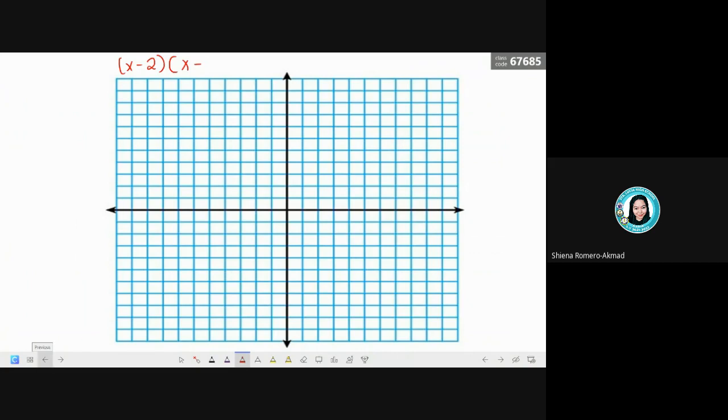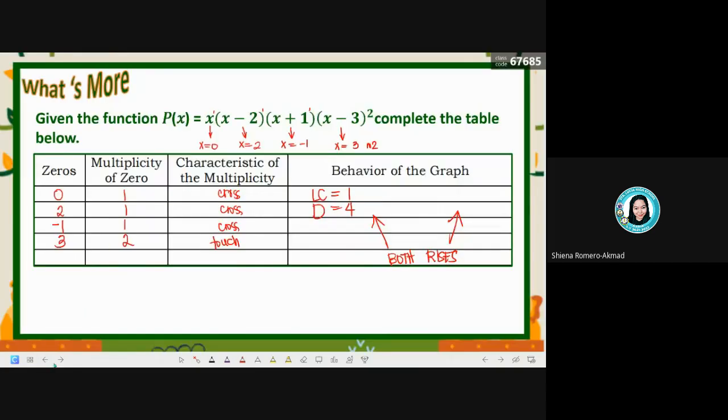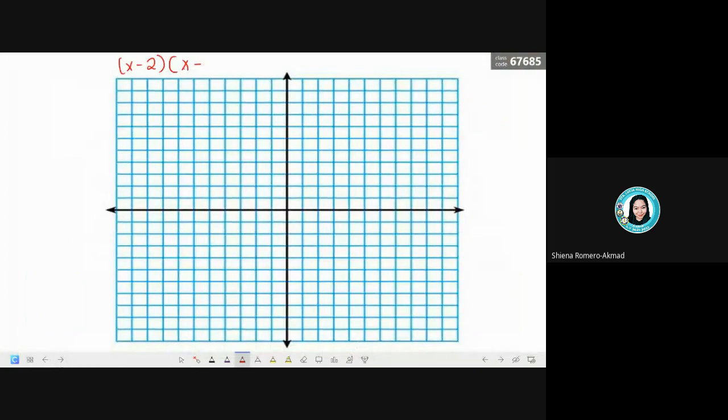Negative ba? Tingnan mo, nakalimutan ko na. Positive. So, P of X ba yung gamit niya? P of X equals X. Yeah.